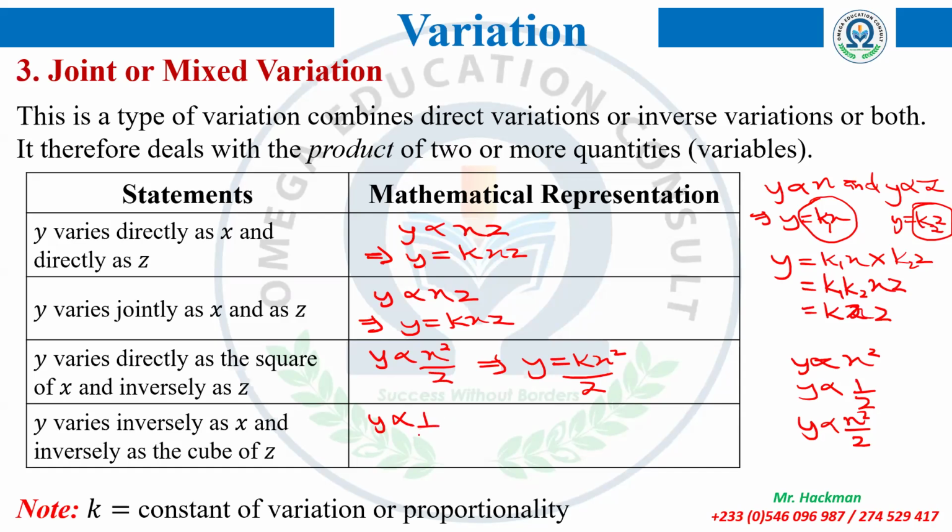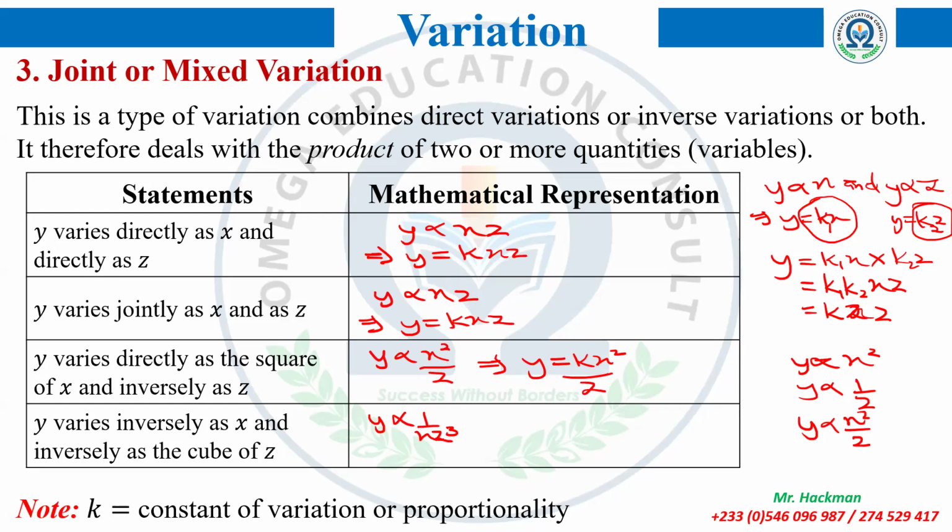Same. Very good. y varies inversely as the cube of z. So you just combine them: y varies as 1 over x times the cube of z. Very good, so z cube. Is that clear? Do you all get her?